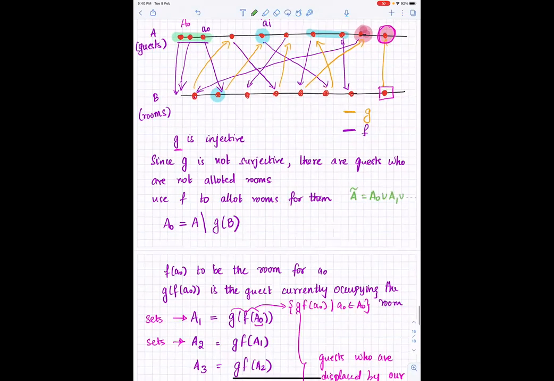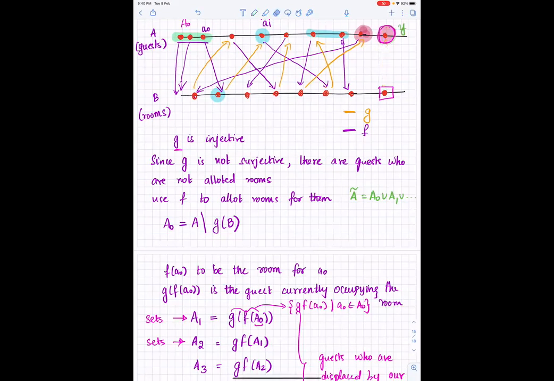Right? So if this person was not allotted a room by G, that is because G need not be surjective, correct? That is why one of them could be missed. Okay, so now if that is the case, will he be in the range of G? Let's call this person Y. So this arrow should not exist.